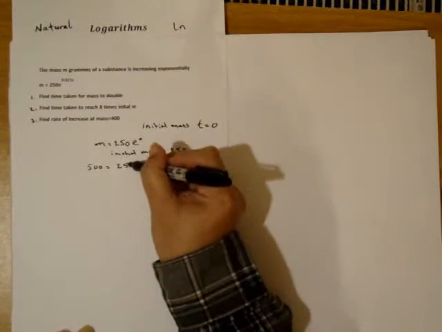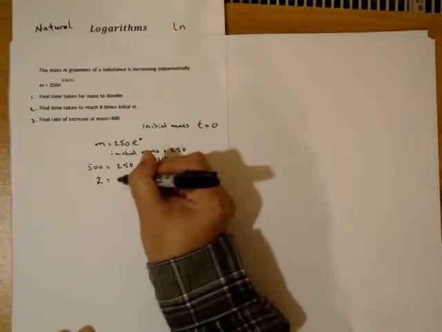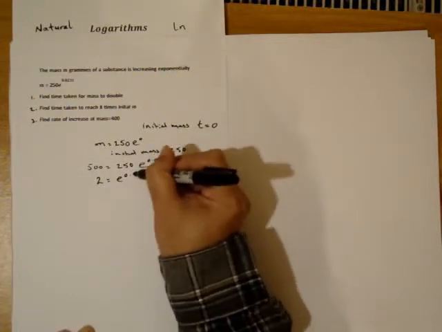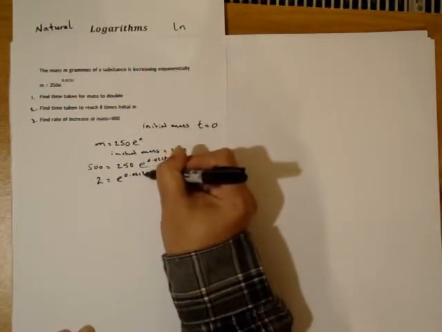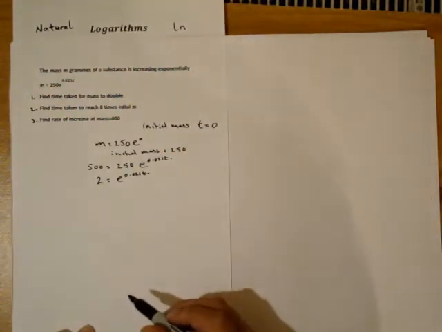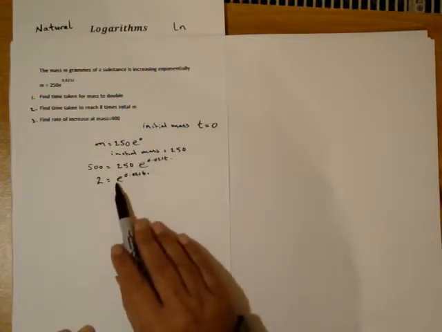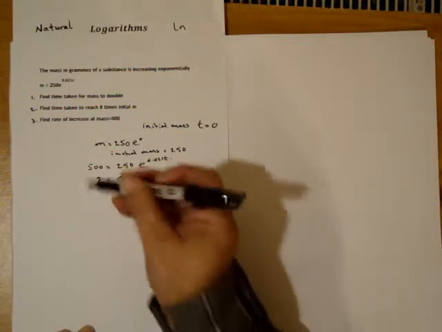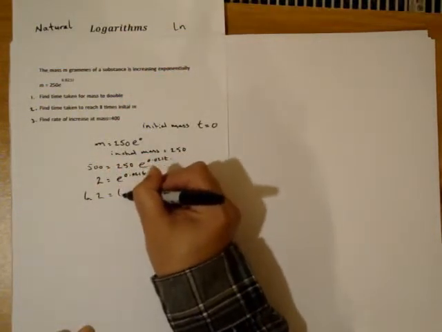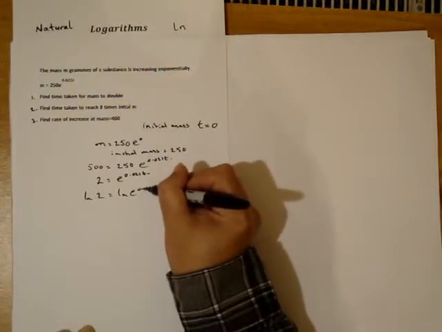So we divide the 500 by 250, we get 2 equals e to the 0.021t. Then we take natural logs on both sides, and here it would cancel the e out. So this would be natural log of 2 equals natural log of e to the 0.021t.